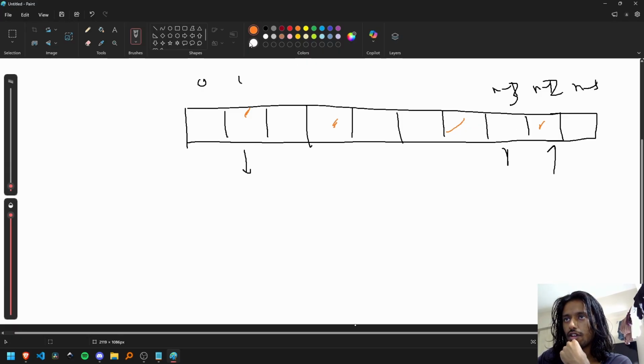So this is one possible arrangement, and the other possible arrangement is, instead of starting from here, I'll start from here. Or I could also start from here, but then if I start from here, this is not possible, right? Two adjacent peaks are not possible.